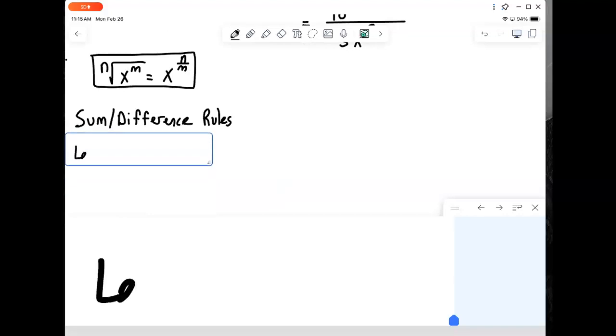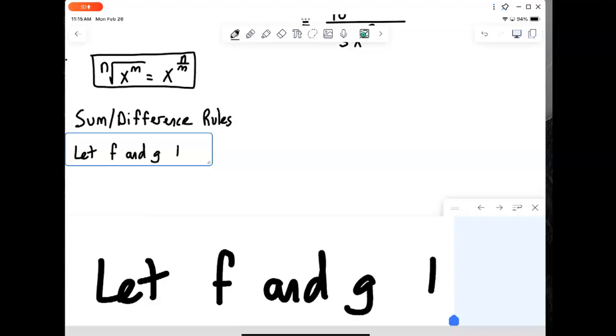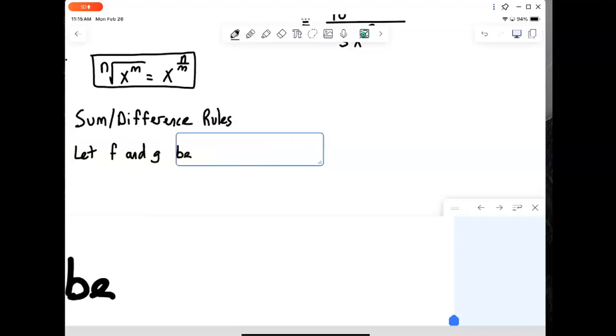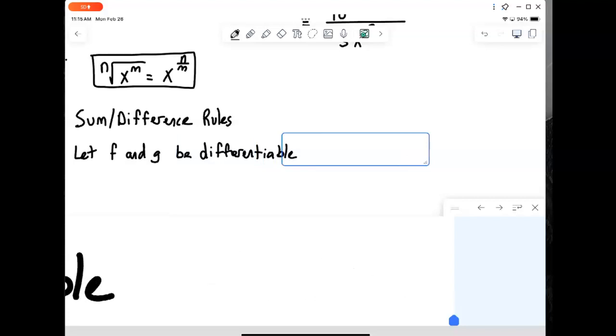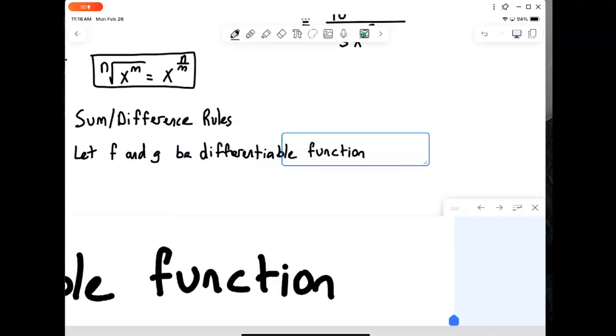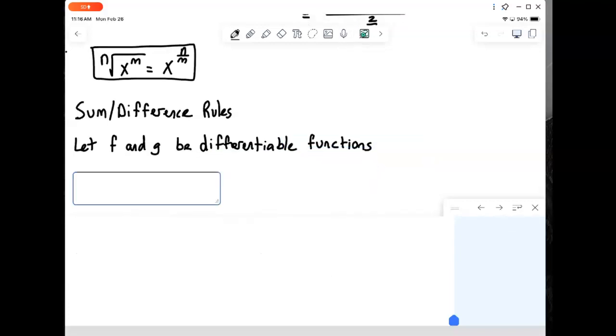So we say here, let f and g be differentiable functions. Again, remember, differentiable just means it has a derivative. So let f and g be differentiable functions.